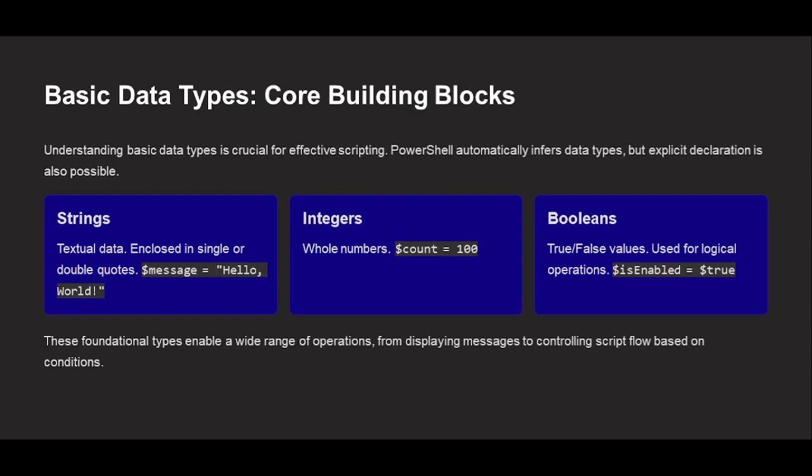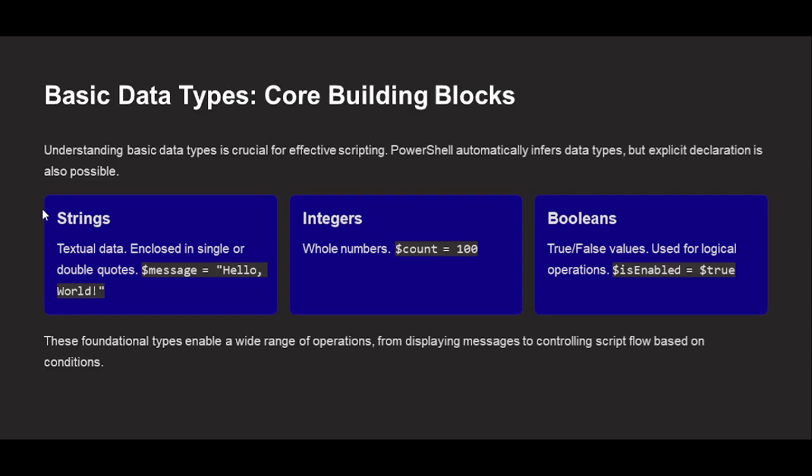The first data type is string. String is a kind of textual data which will be enclosed in a single or double quote, and it could be anything, whether characters, numbers or any special character. Everything written inside a double quote or single quote is called a string.